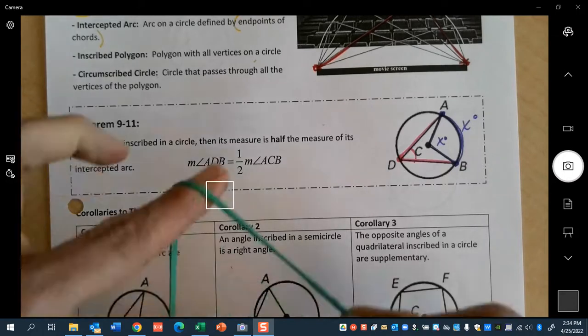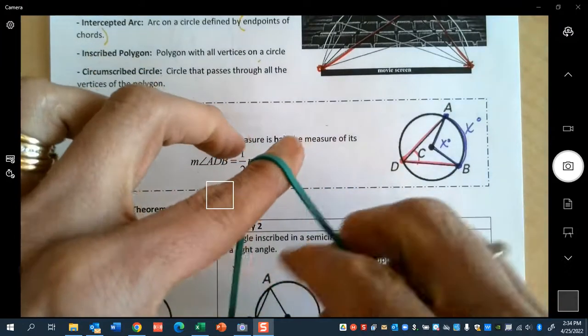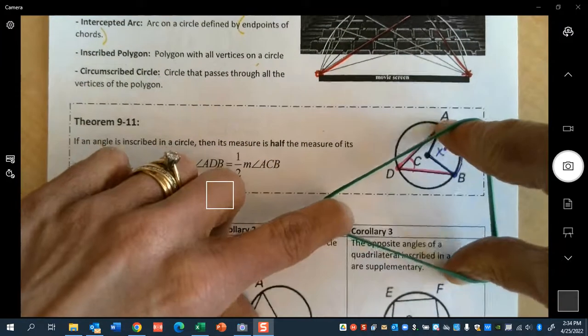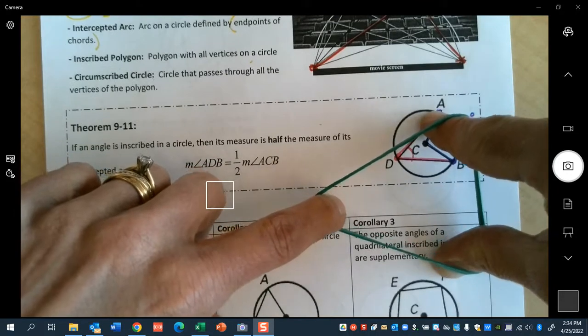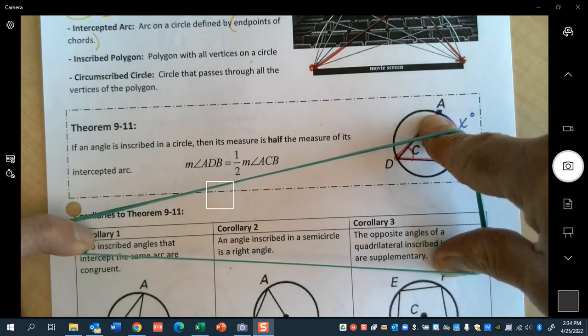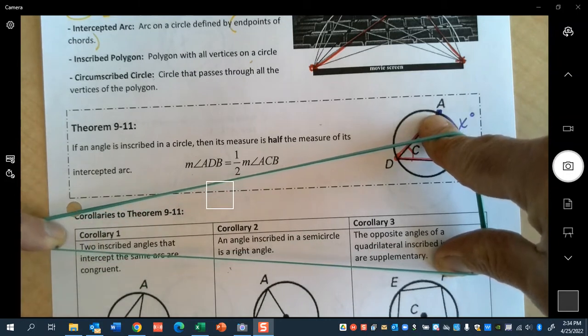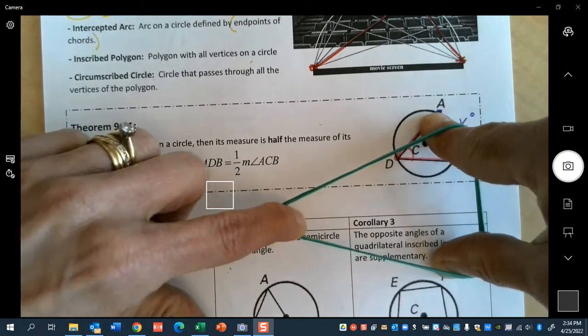All right, I'm going to show you an angle. Do you see my finger here holding this angle? What happens when I stretch it way back? Does it get smaller? Bigger here?